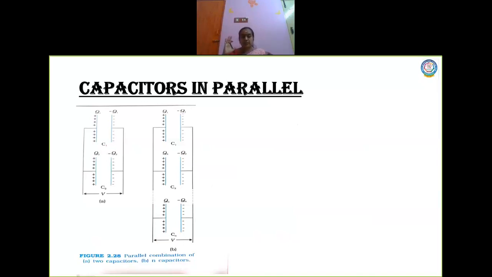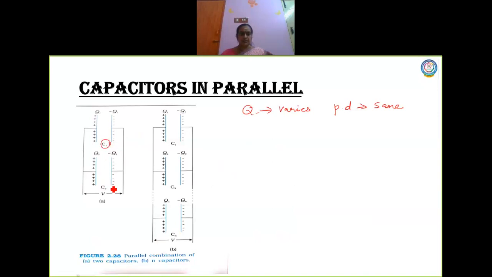It will not remain the same. So which varies here? Charges. Q varies. Which remains the same? PD remains the same. So I can have the formula for, suppose now here I have two capacitors. Now here it is C1.